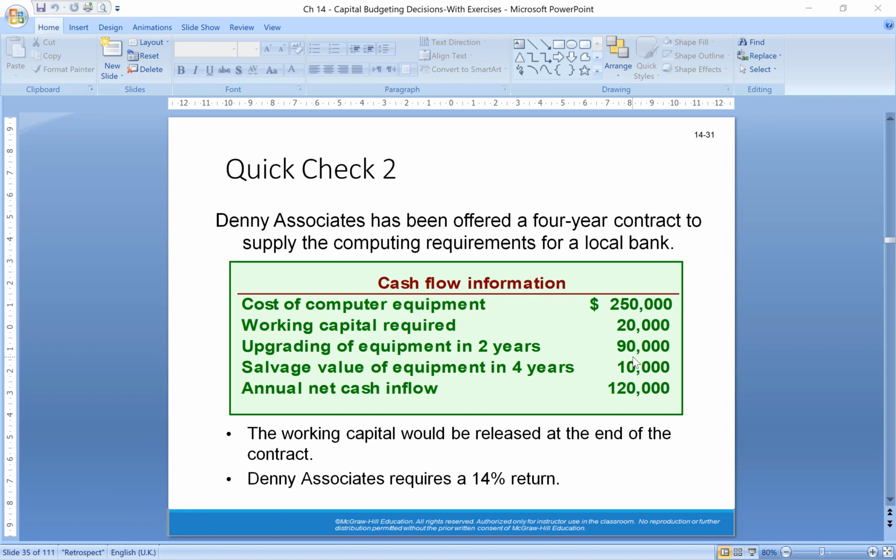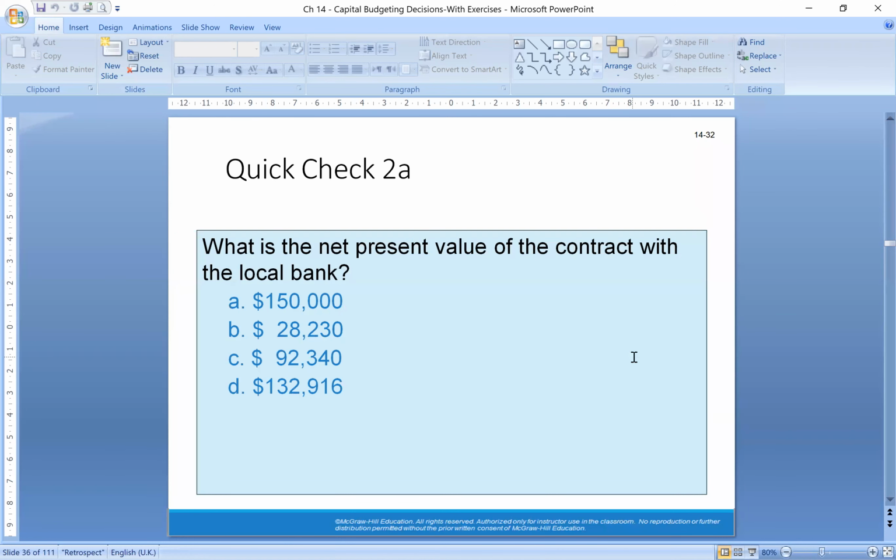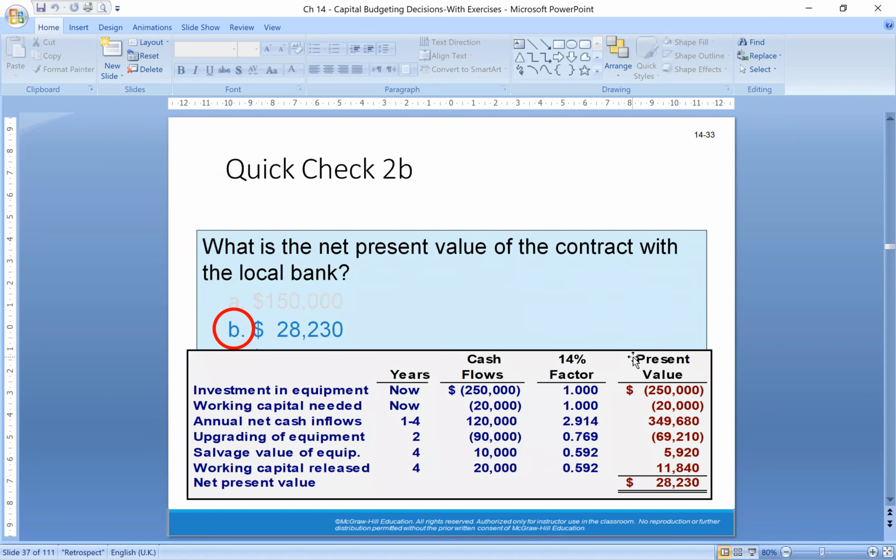And the discount rate or interest rate will be 14%. This number is used for the tables, if you remember. So the question is, what is the net present value of the contract with a local bank? To calculate that net present value, we need to draw a table.